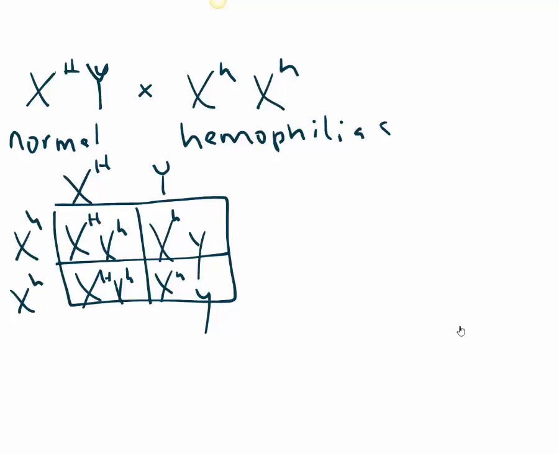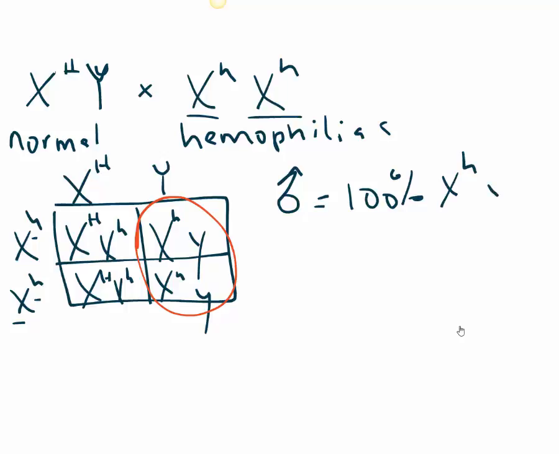Both sons are going to be little h, because that's all they can inherit from the mother on that X, is the little h. So looking at the genetics, of the males, these are the males here, 100% are going to be X little h Y.